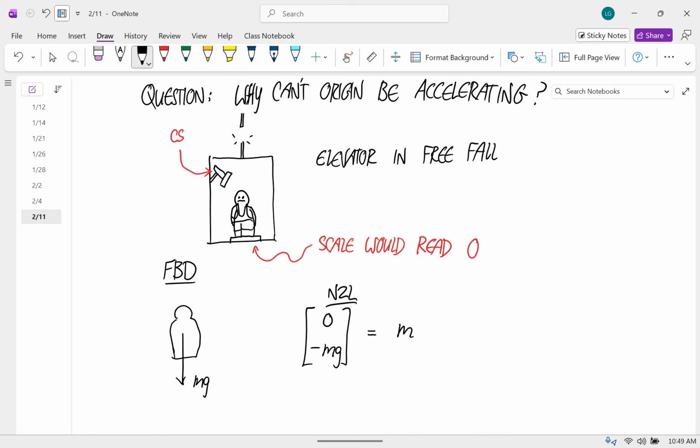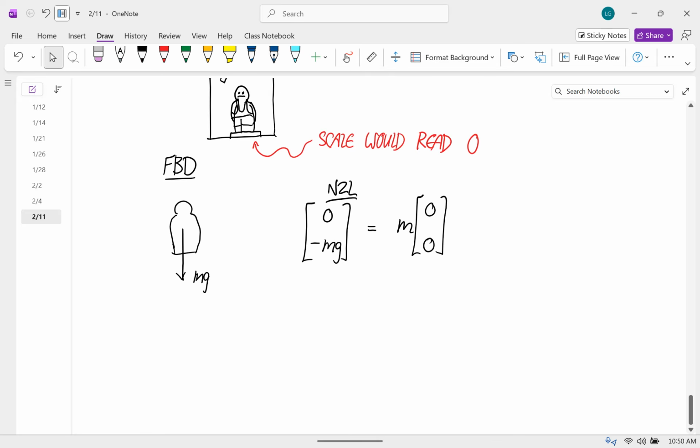At instant 1, it sees the person in one location. At instant 2, it sees the person in the same location. At instant 3, it sees the person in the same location. And so the acceleration that that camera is measuring is just 0. And so the y equation here says negative mg is equal to 0. So this doesn't work.